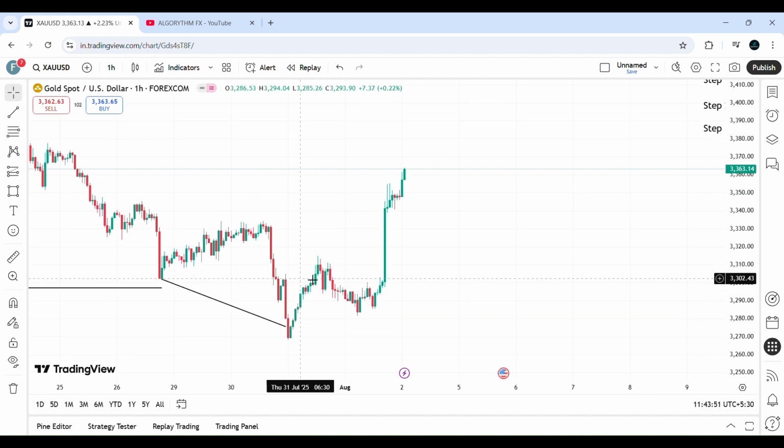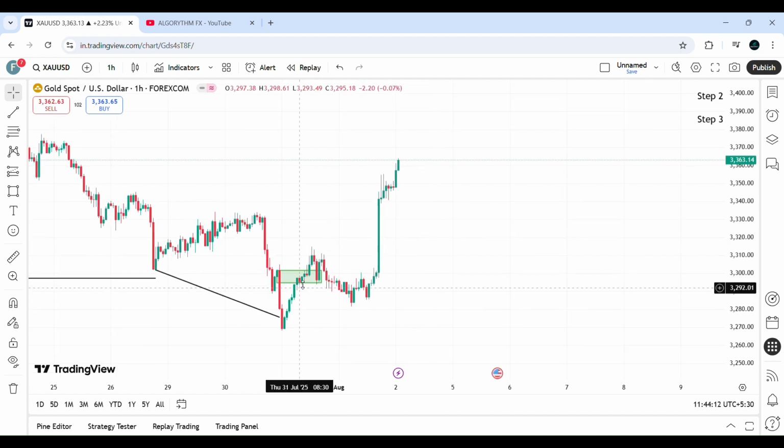That we got perfectly right over here, where the last supply zone was broken. You could see the last supply zone, that is this, was broken right over here. Also, you could use this as a change in structure, change of character, whatever you call it. We have got it clearly right over here.